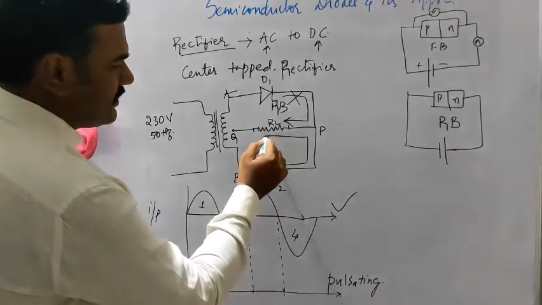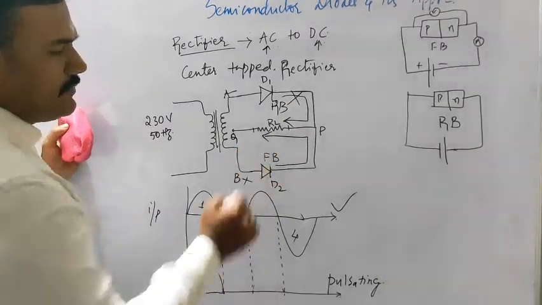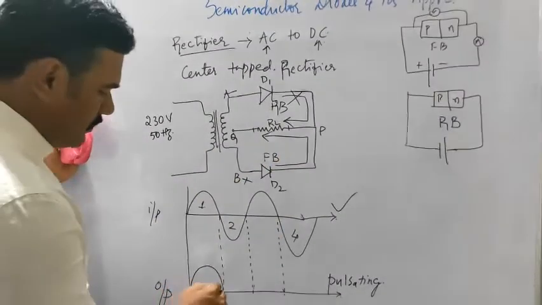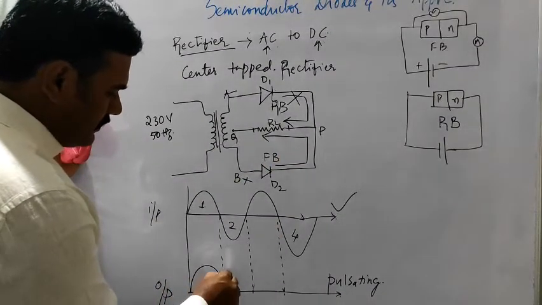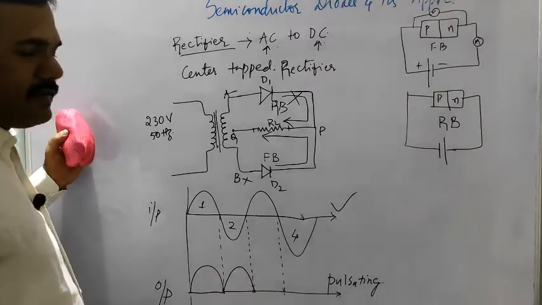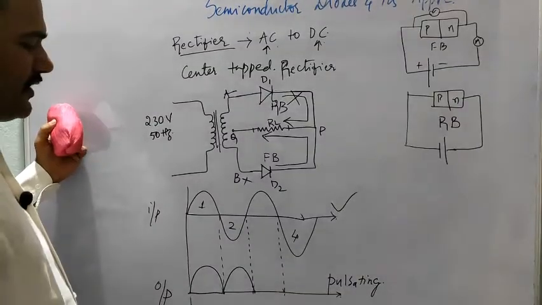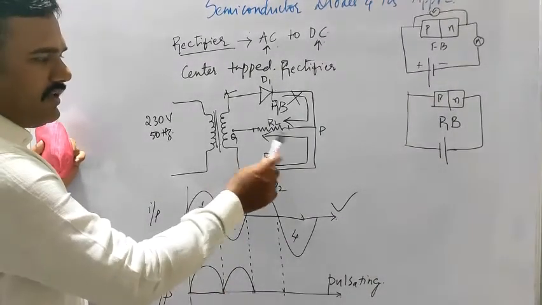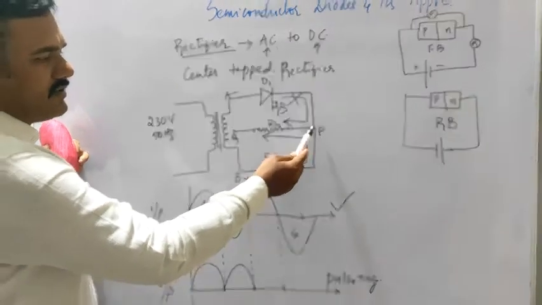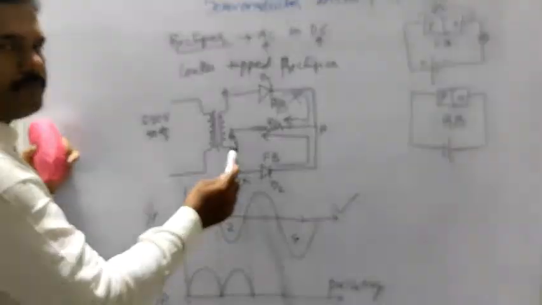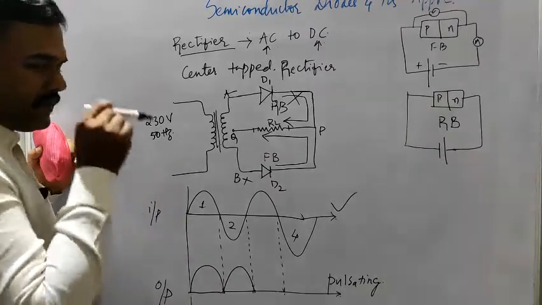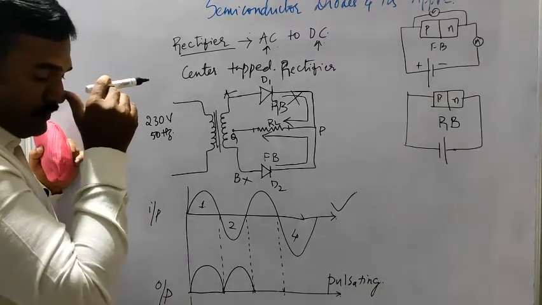The current flows from P to Q. Therefore, the next half cycle also appears as a positive half cycle, because in both cases the current flow direction is the same. Therefore, both half cycles are positive half cycles at the output.